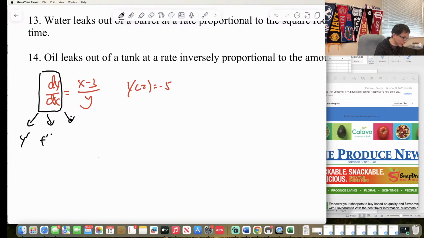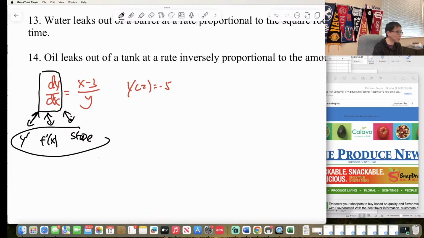It can show up as f prime of x. They can even show up as the slope, because slope is a derivative. So if any of those 3 show up, you need to convert back to dy/dx. Always change back to dy/dx.